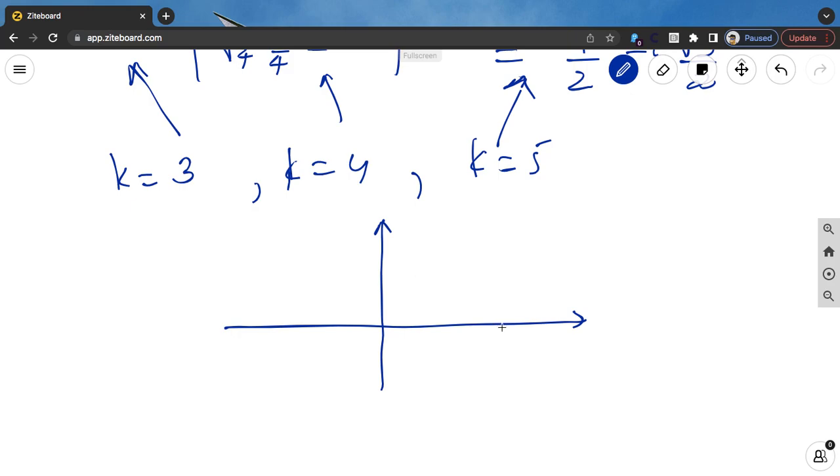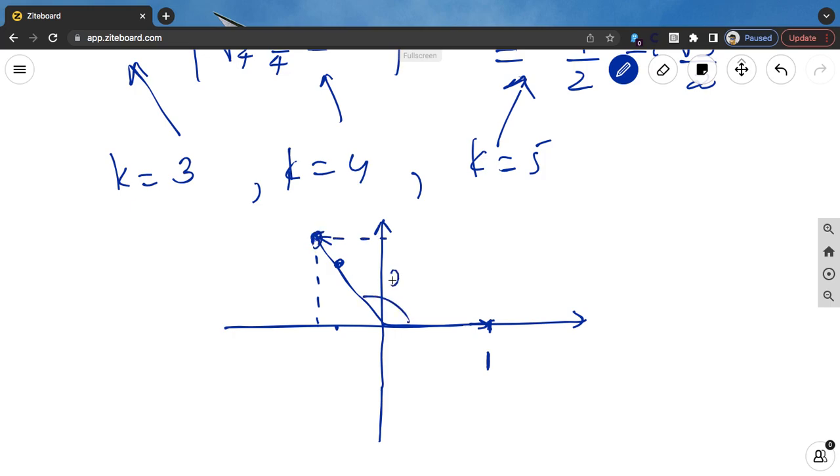So the first root z1 was 1. The second one was minus half plus root 3 by 2 i, but at the same distance as 1, right? If this is 1, this also needs to be 1. So somewhere there.